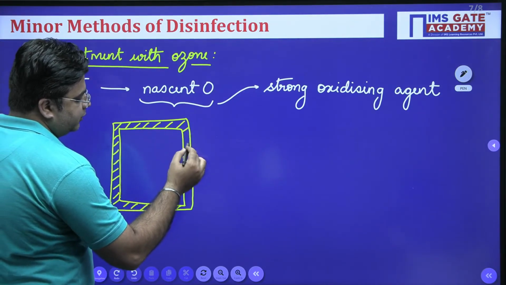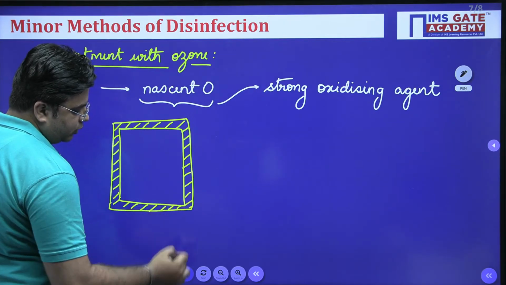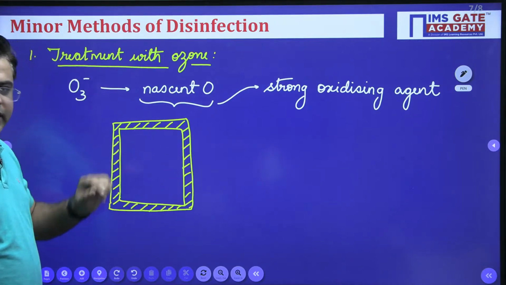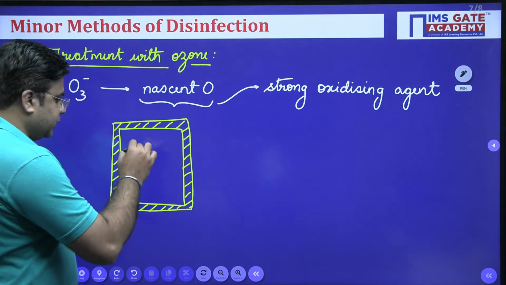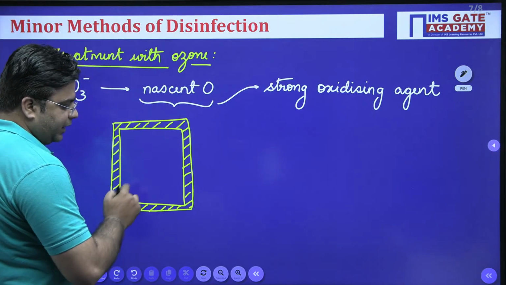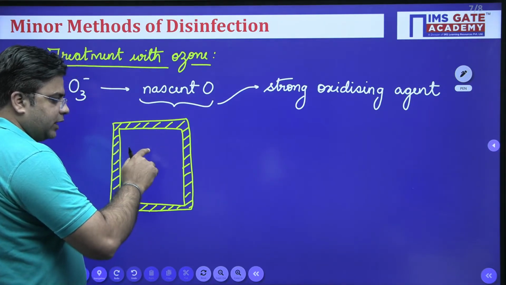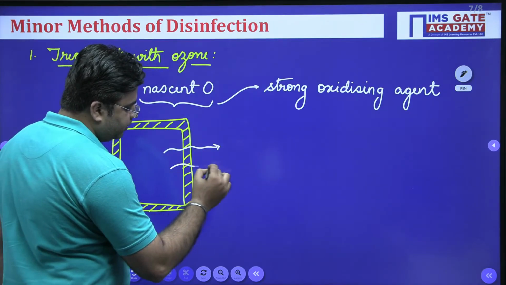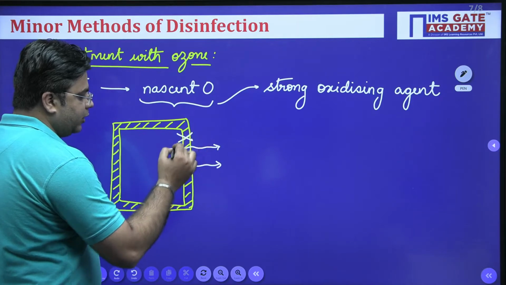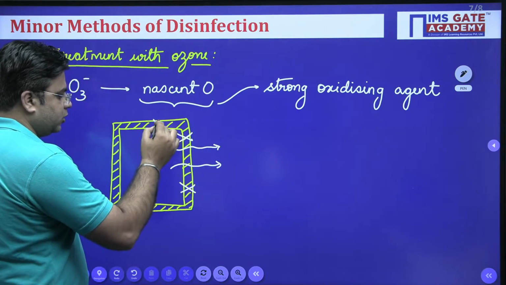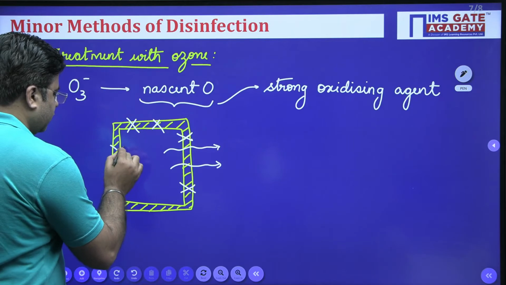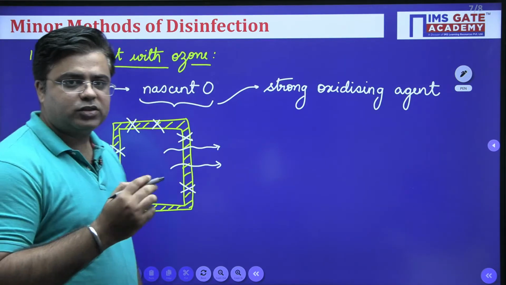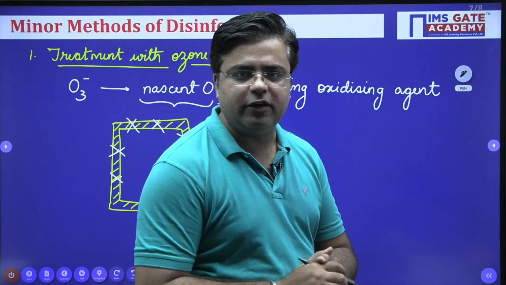This nascent oxygen which is present in the ozone destroys the cell wall of this microorganism, due to which the essential fluids that are present inside the microorganism which are required for its metabolism, these fluids just flow out and leads to the killing of microorganisms.